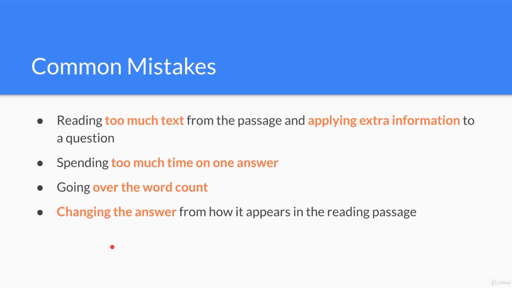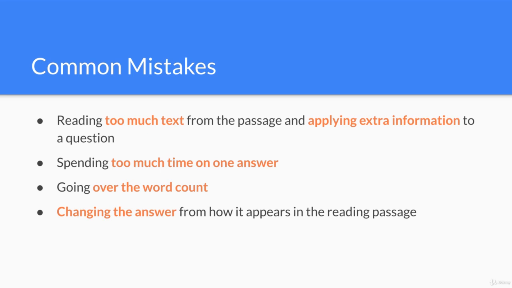Another mistake that students often make is that they end up changing the answer from how it appears in the reading passage. So you have to write the answer exactly as it appears in the reading passage. So for example, if the correct answer in the reading passage says Egyptian pyramids, then you should not write pyramids of Egypt or pyramids from Egypt.